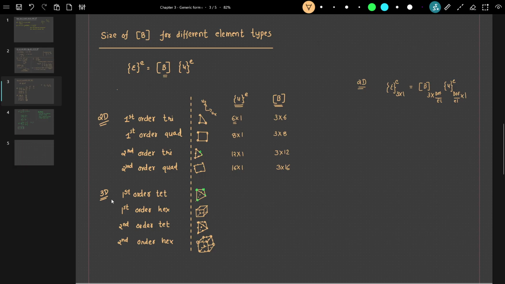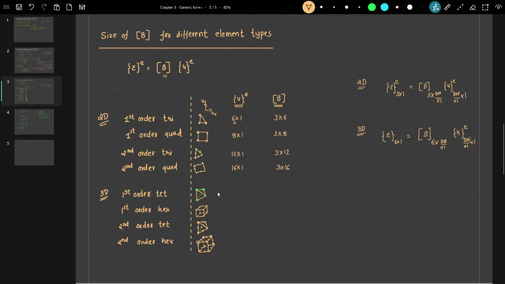Now let's see some 3D elements. So in 3D we have 6 strain components. So strain vector size is 6 by 1. B matrix, the first dimension is number of strains by DOF per element. And displacement vector size is DOF per element by 1.